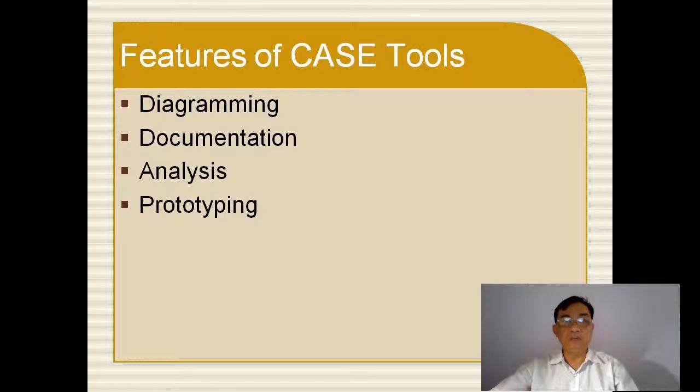In documentation, you have a data dictionary, supplementary diagram tools, and version support to track changes over time. Analysis is the automatic reasoning function, like forward engineering, where you convert an ERD to table design, and reverse engineering, where you convert table design to an ERD.